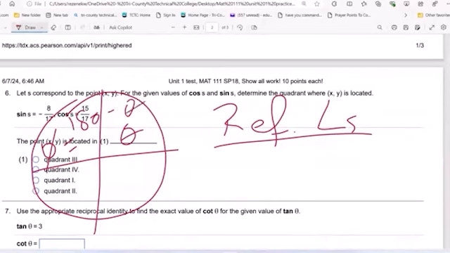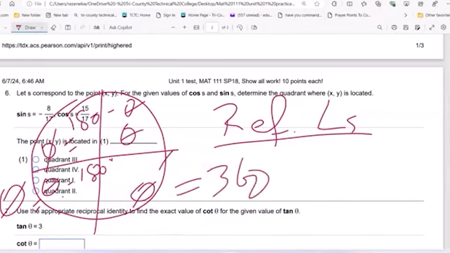In the third quadrant, reference angle phi is equal to theta minus 180. In the fourth quadrant, reference angle phi is equal to 360 minus theta, the original angle. And theta is the angle in standard position. And if an angle is in standard position, it goes in counterclockwise direction.